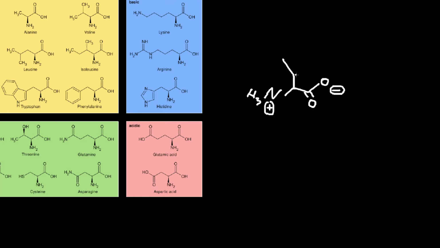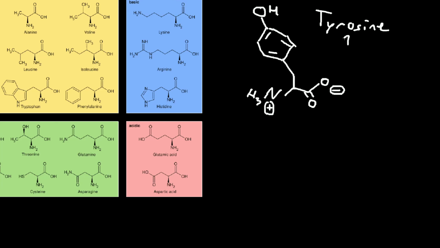Which kind of brings me to the next amino acid, which of course is tyrosine. I'm not really going in any particular order here, I'm just going as I go. And of course, with tyrosine, you could use the same mnemonic.